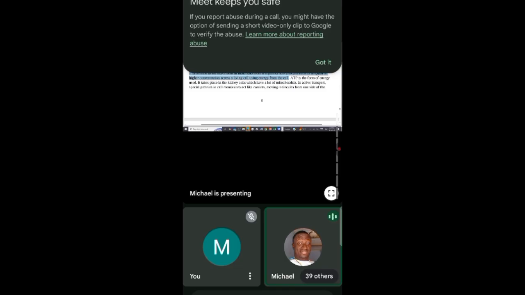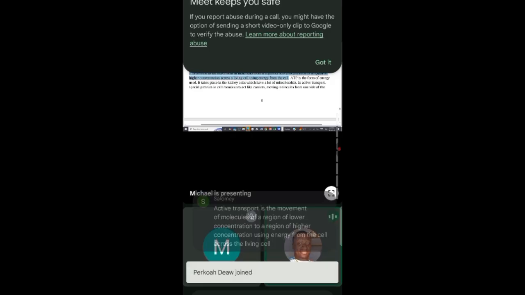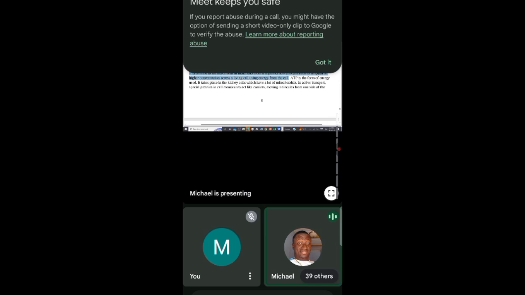Now let me show my screen so that those who watch it live can see. This is the definition of active transport. The question someone has asked is: how does active transport affect impulse transmission? Active transport will create an ionic potential as substances are moved across the membrane.